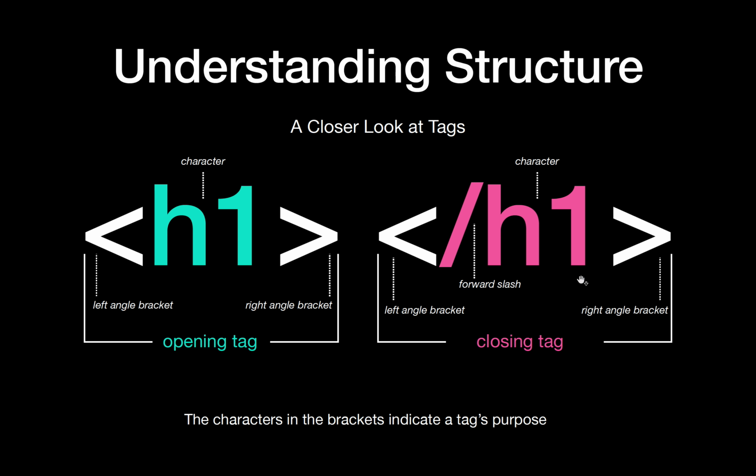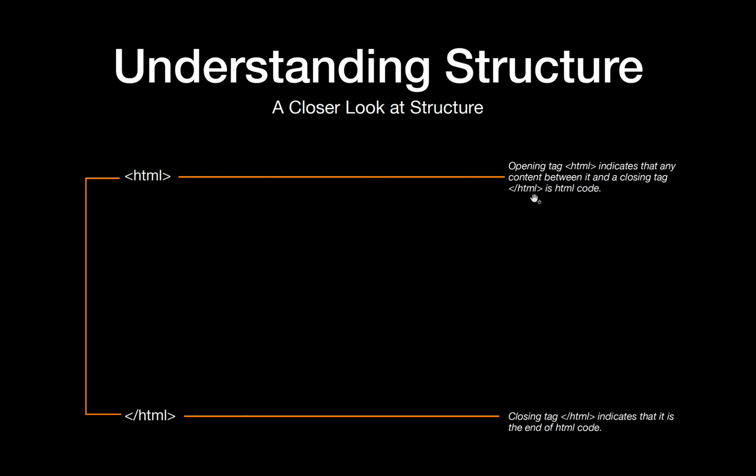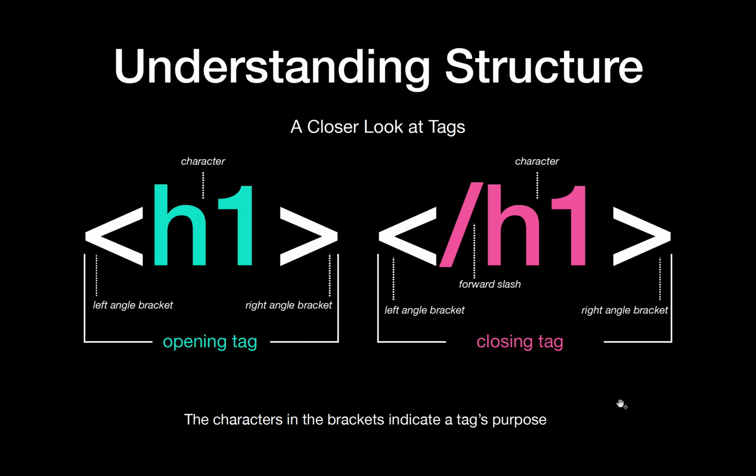Same thing in the closing tag: brackets, / because that's a closing tag, and then our character. So these things that are in between your brackets are always going to coincide. So if this was a P, this would also be a P. Sorry, guys. So the characters in between the brackets indicate the tag's purpose. This tells you what you are doing to the text that's going to sit in between here in your code.